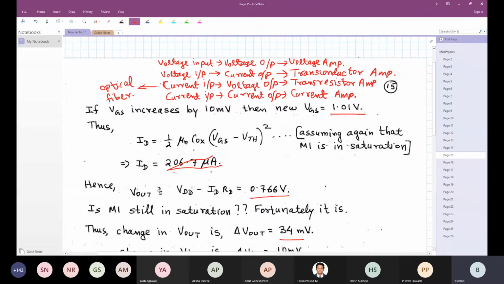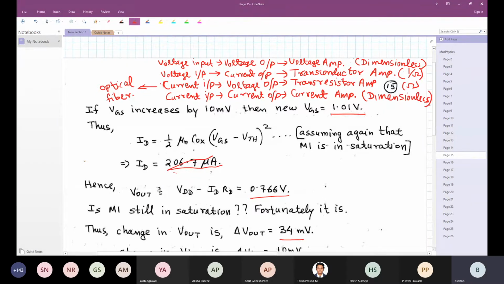A voltage amplifier and a current amplifier are dimensionless. This has the dimension of 1 over ohms, and this is ohms. This is dimensionless, and this is also dimensionless. Now, why do I bring in this dimensionless thing?